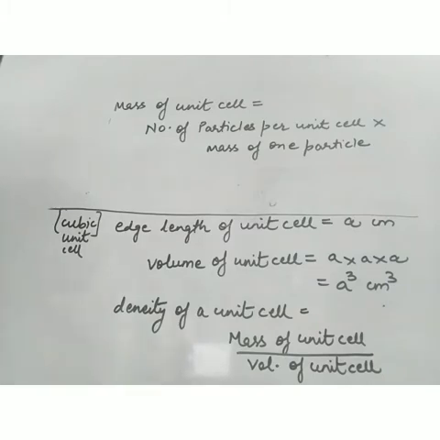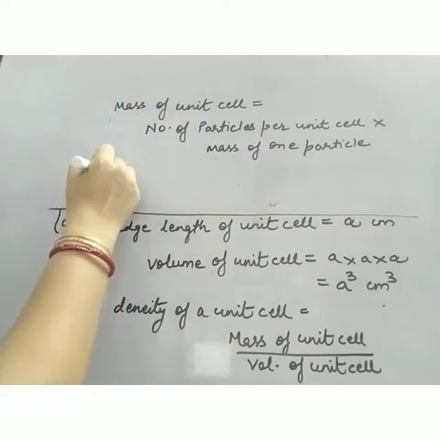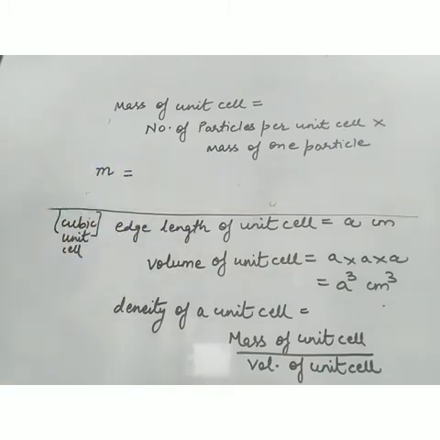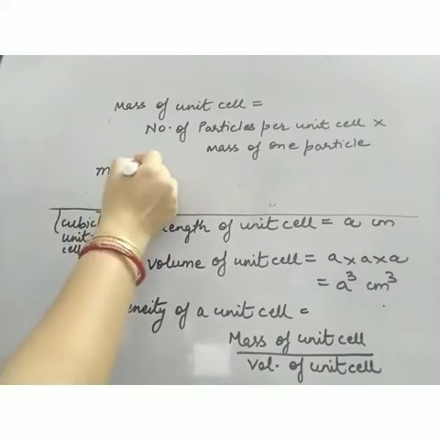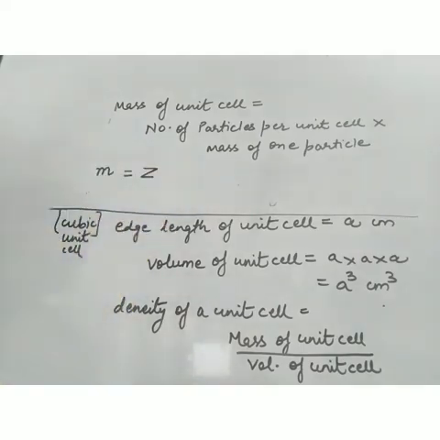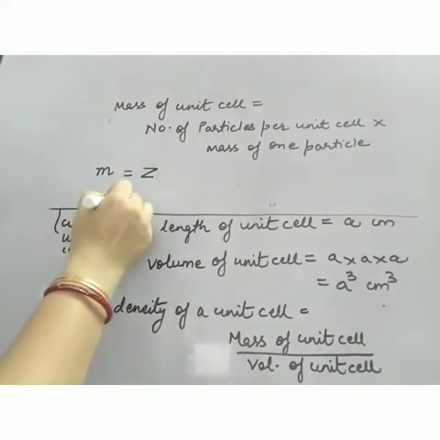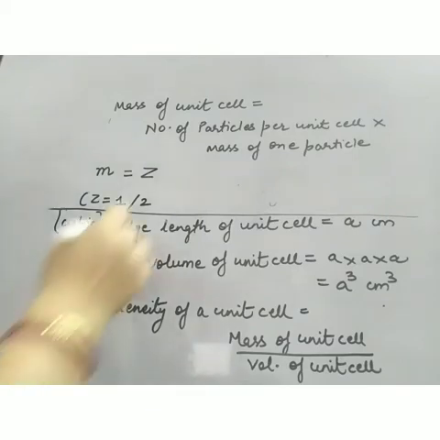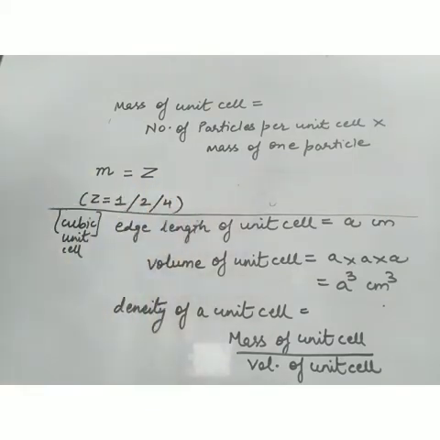This mass of unit cell will be denoted by small m. It is equal to, number of particles per unit cell I will denote by Z. Now this Z can be 1 if it is a simple unit cell, 2 if it is a body centered unit cell, and 4 if it is a face centered unit cell.